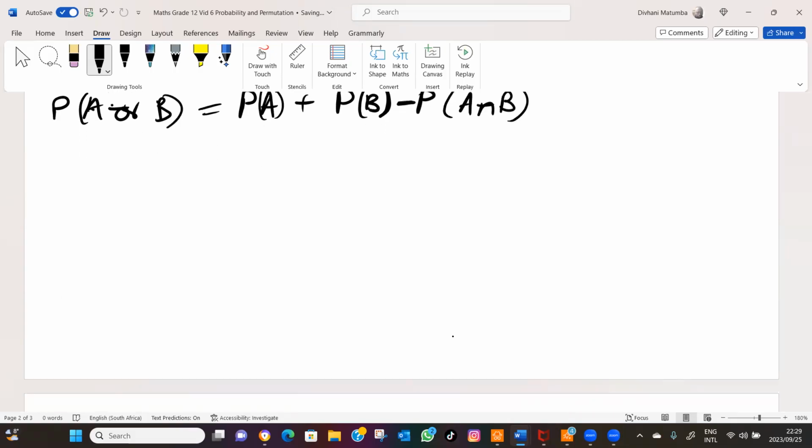Now we have the so-called tree diagram. Okay.